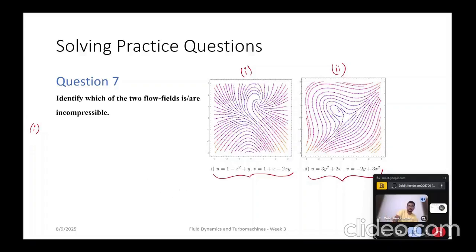So u and v are given, and the way to test incompressibility in a 2D flow field is to see if the velocity field satisfies this equation, dou u dou x plus dou v dou y equals 0.